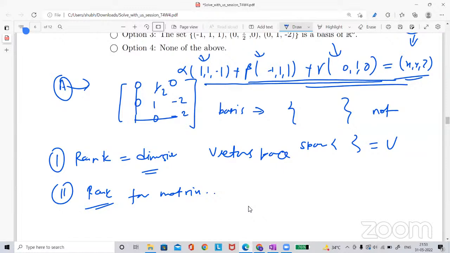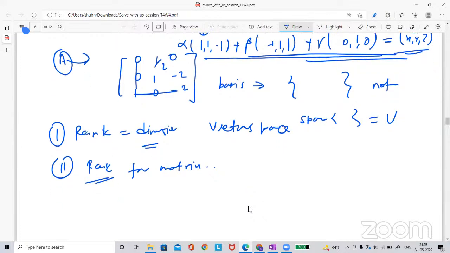In a basis, the number of elements is the dimension. The cardinality of a basis is called the dimension of a vector space or the rank of a vector space. Rank for a matrix is a different thing.